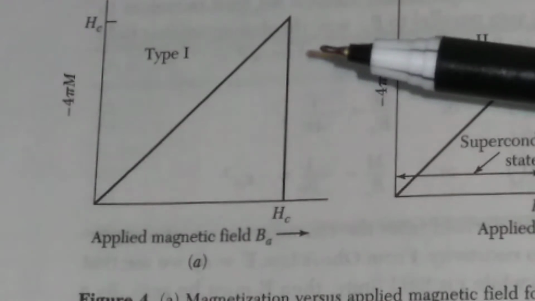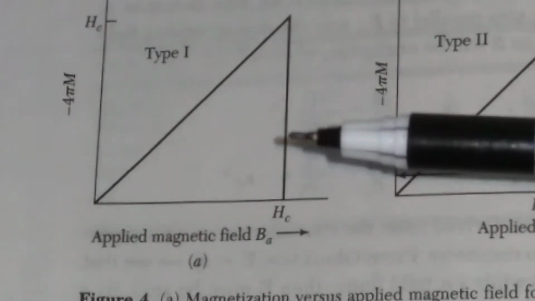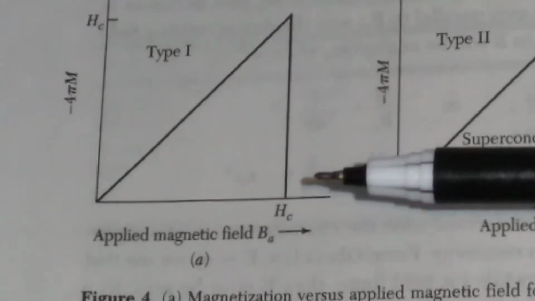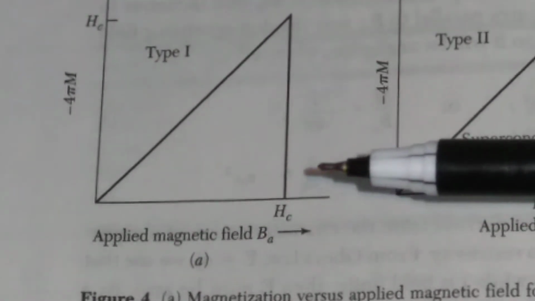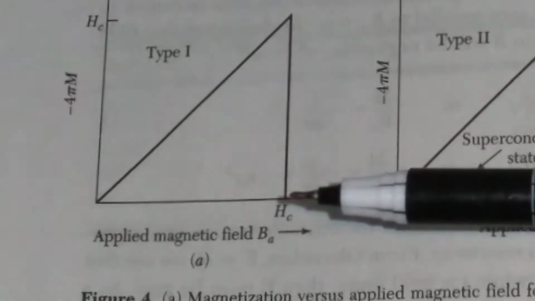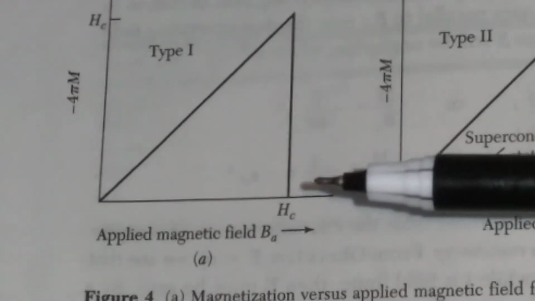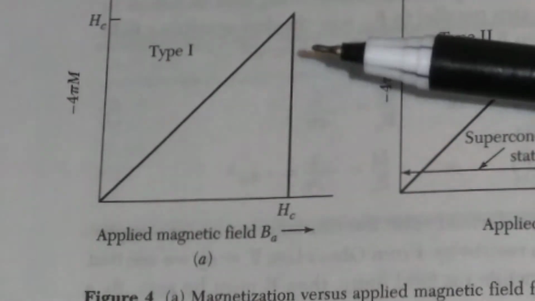At the critical field, the magnetization falls to 0, and beyond this point the magnetization is just like the magnetization in a normal conductor.